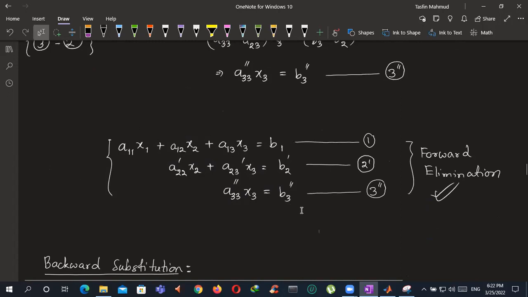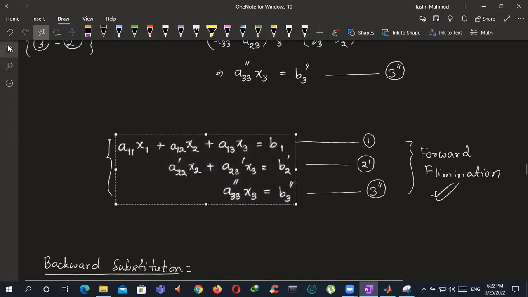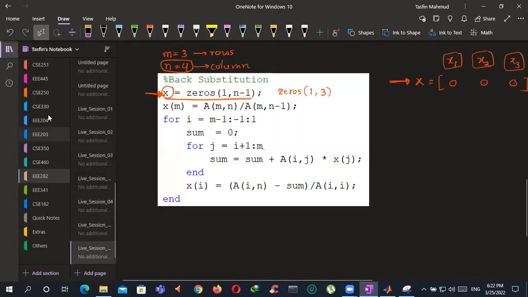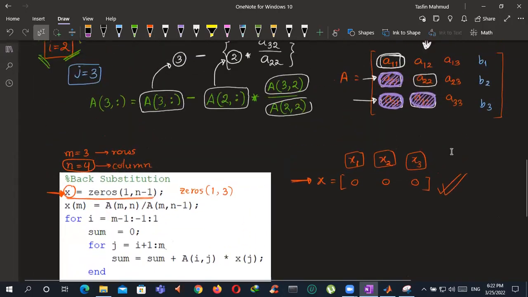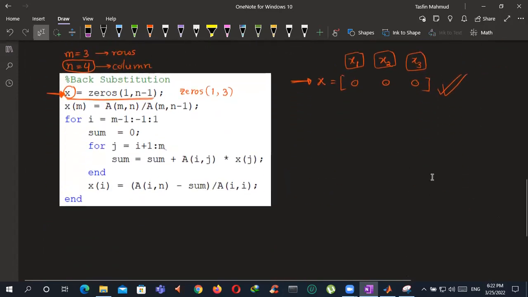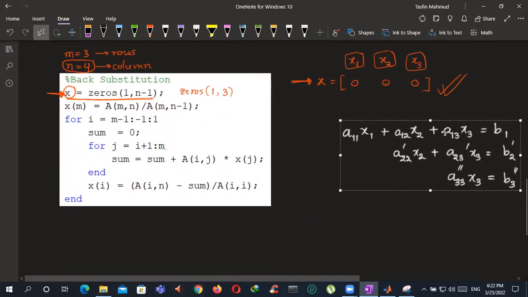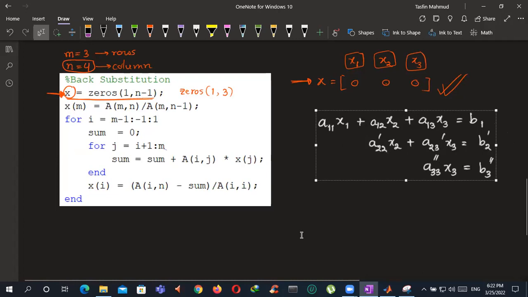So our augmented matrix has this format. We have eliminated these terms in the forward elimination step, and now our augmented matrix looks like this.